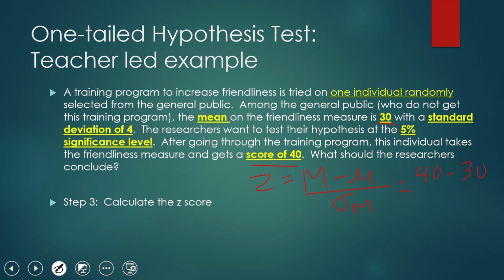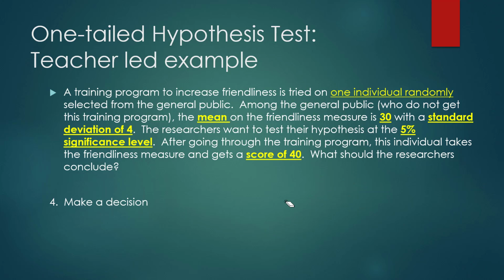And remember, our standard error is the same as our standard deviation because we have an n of 1. So if you don't remember, please go back and review the earlier videos that showed that. And that gave us a value of 2.5.